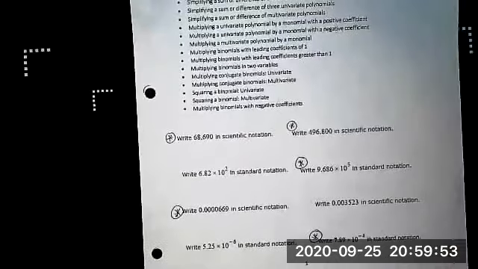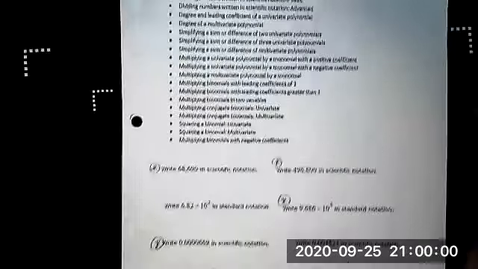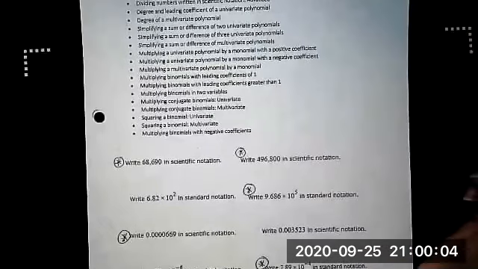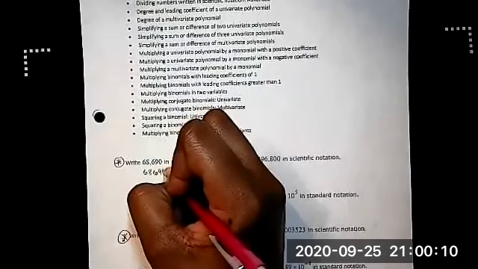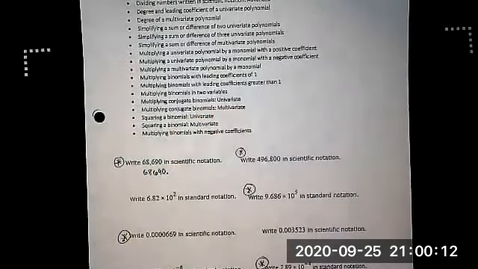All right, so let's start here. We are writing 68,690 in scientific notation. In scientific notation, the number at the beginning has to be between 1 and 10. So if you're writing this number, the decimal is right there for a whole number.